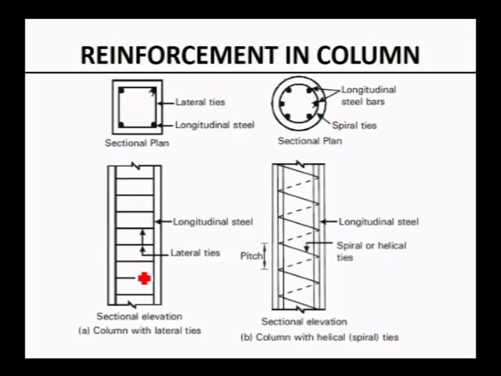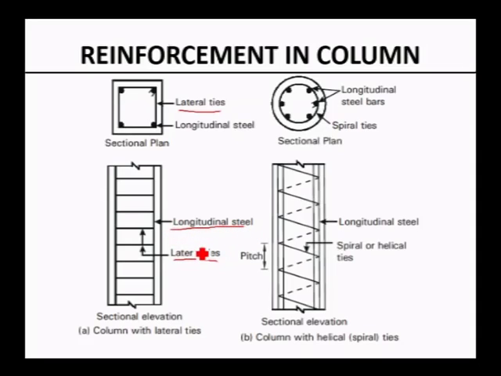See, you can see here I have given the figure in which you can observe which is longitudinal reinforcement, which is the transverse reinforcement. Transverse reinforcement, you should always call lateral ties, not stirrups. It is a ring which is called lateral ties. Rings are called the lateral ties, and vertical bars are called the longitudinal reinforcement.